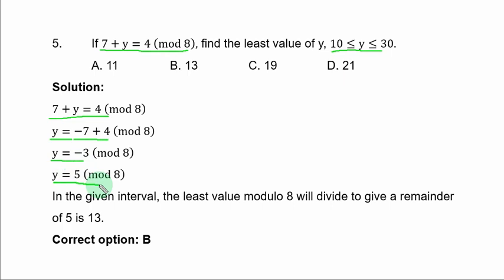Now, the least value in the interval is simply that number which when divided by 8 gives a remainder of 5, and such number is 13. If you divide 13 by 8, you have 1 remainder 5. The least number is 13. So B is the correct option.